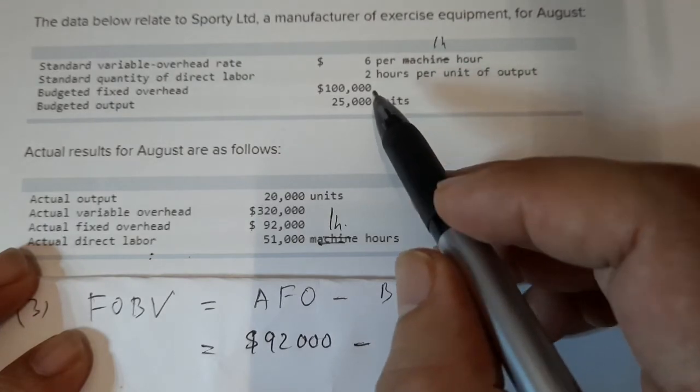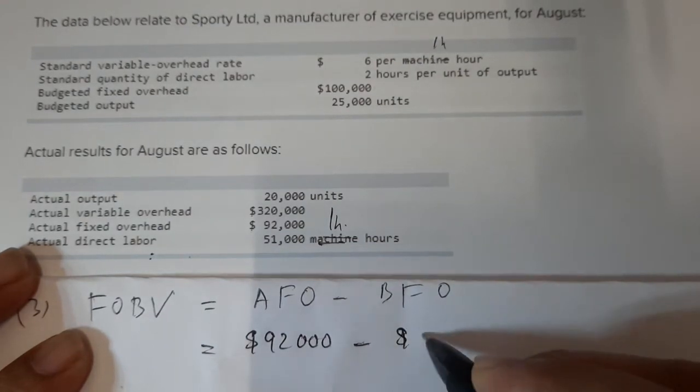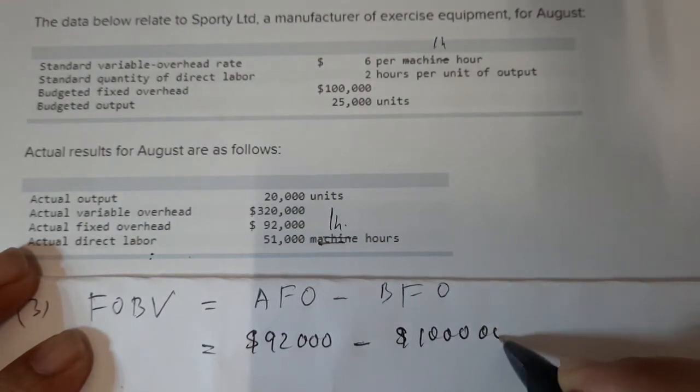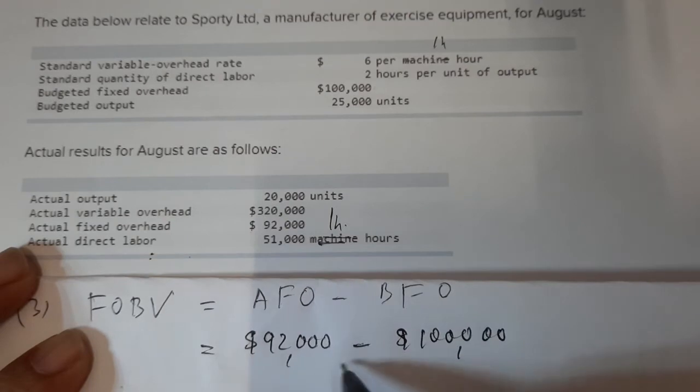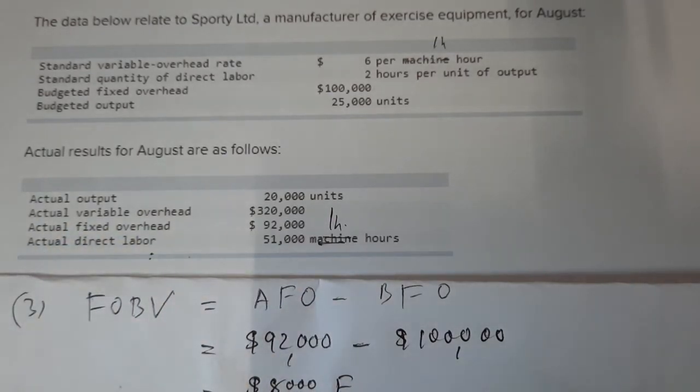The budgeted fixed overhead is $100,000. So 92,000 minus 100,000, the difference is 8,000 and it is a favorable variance. Why favorable? Because actual fixed overhead is lower compared to the budgeted fixed overhead.